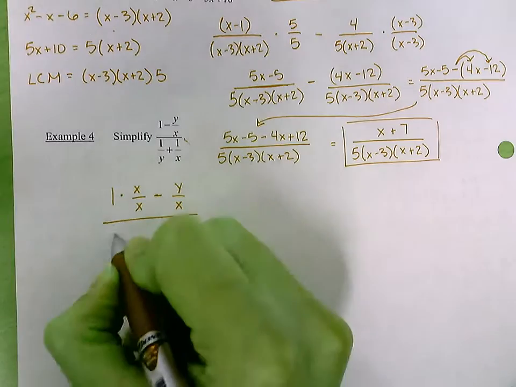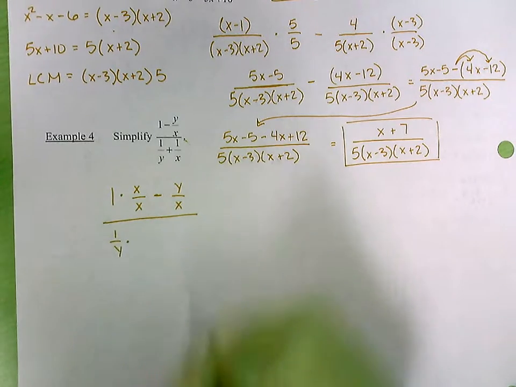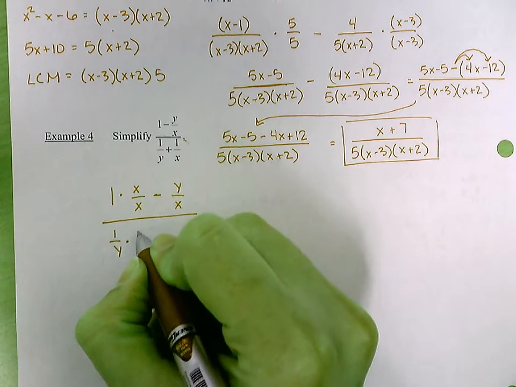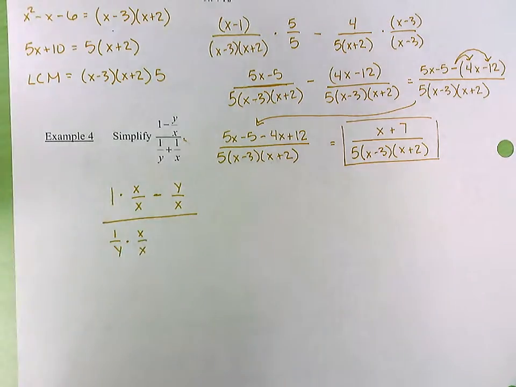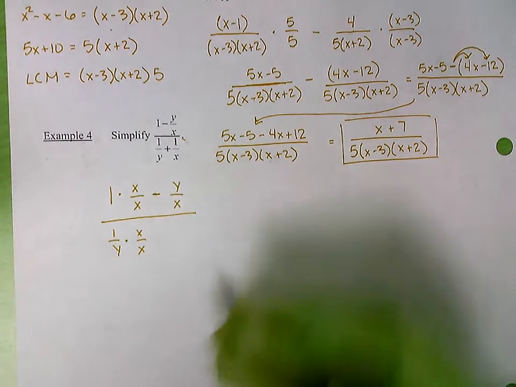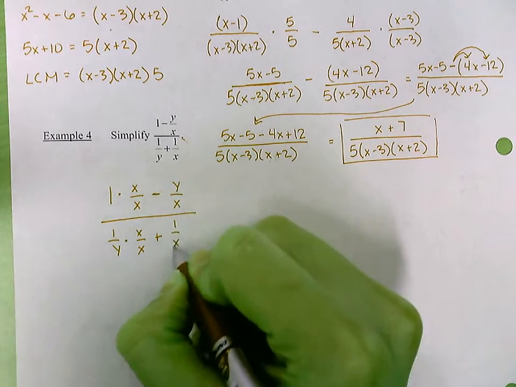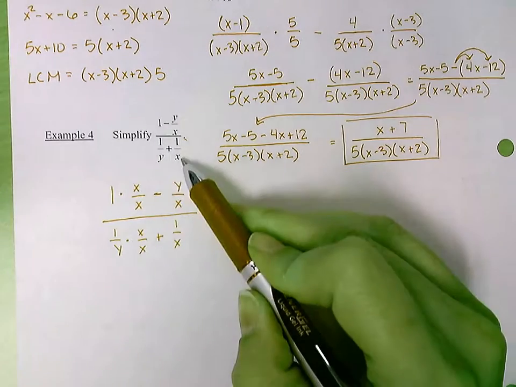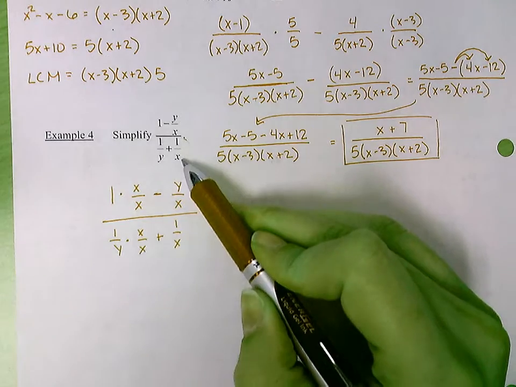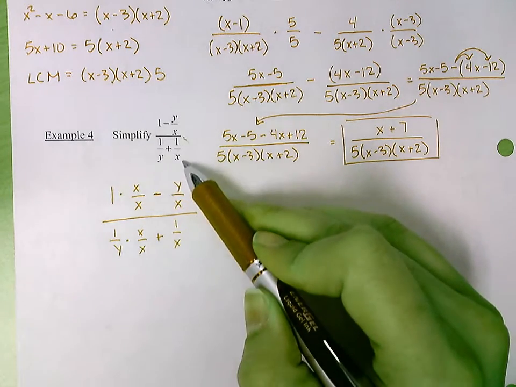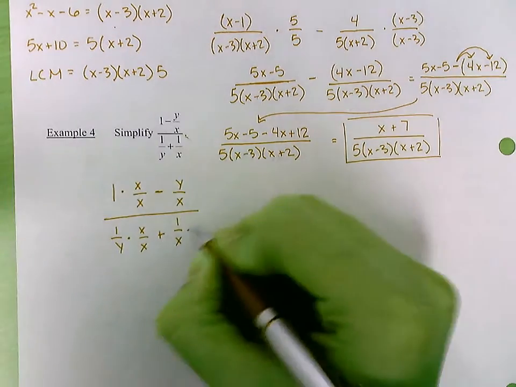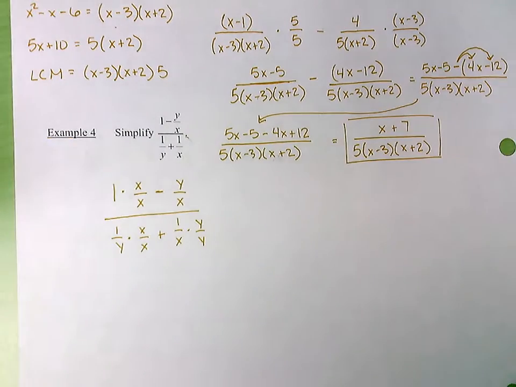So I'm going to take 1 over y. We have to multiply it by x over x. Then I have addition, and I still have this 1 over x. Now I'm missing a y in that one, so I want to multiply the numerator and denominator both by y.